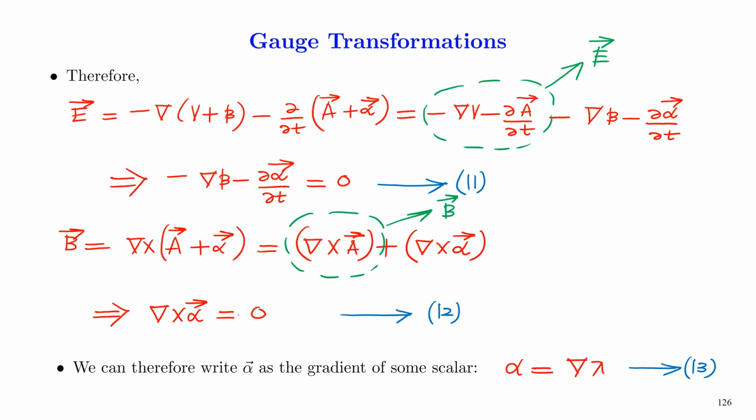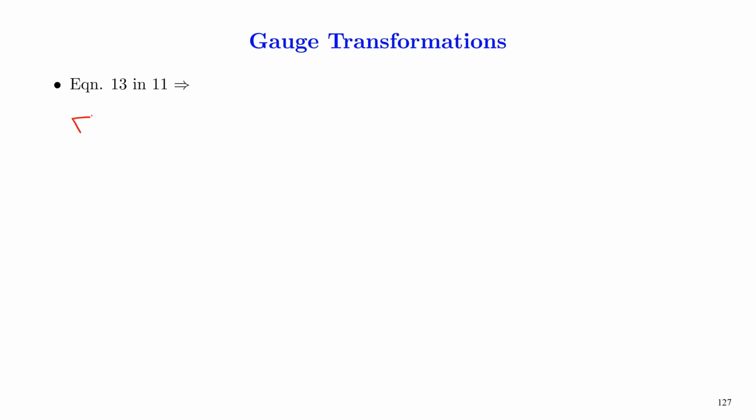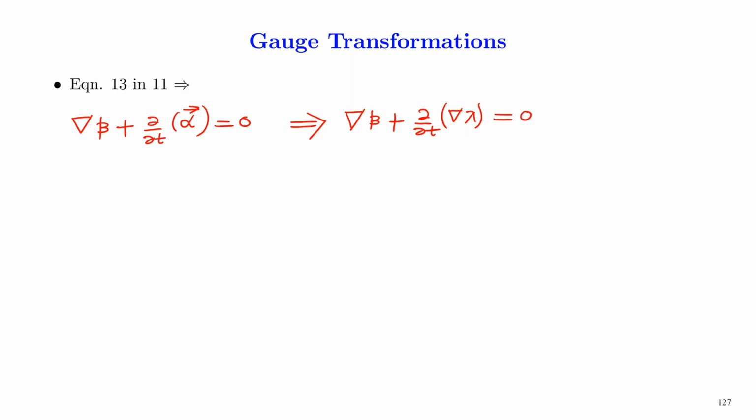In the next step, we will substitute equation number 13 in equation number 11. That is, del beta plus dou over dou t of alpha equal to 0, and this gives us del beta plus dou over dou t of del lambda equal to 0, or del of beta plus dou lambda over dou t equal to 0.